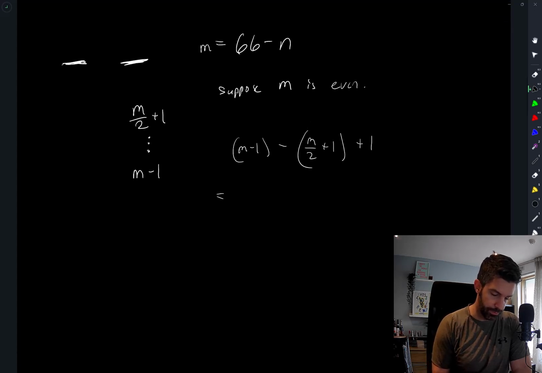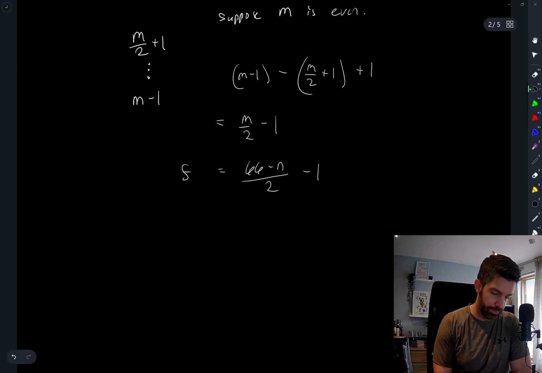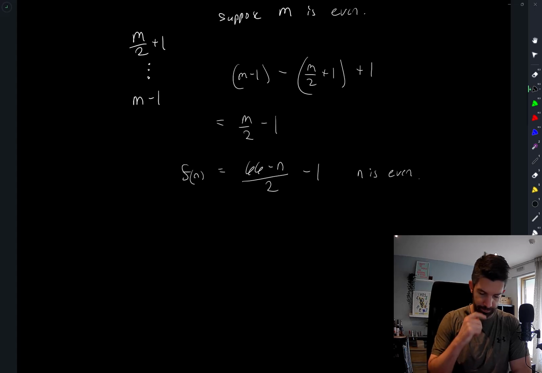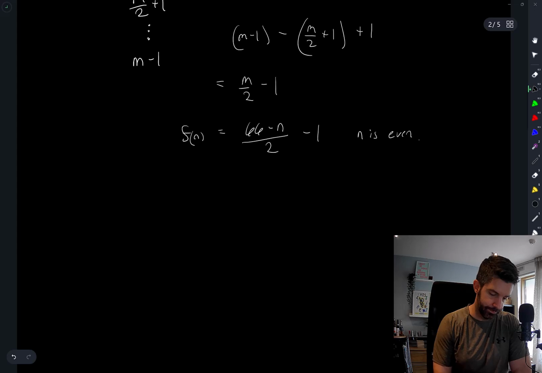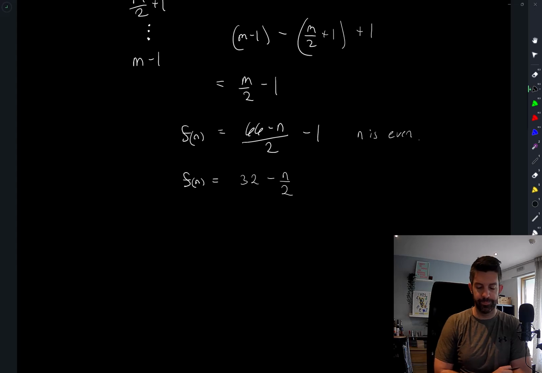So that's equal to m over 2 minus 1, which is equal to 66 minus n over 2 minus 1. So this is f of n when n is even. (33 minus 1 is 32.) 32 minus n over 2.